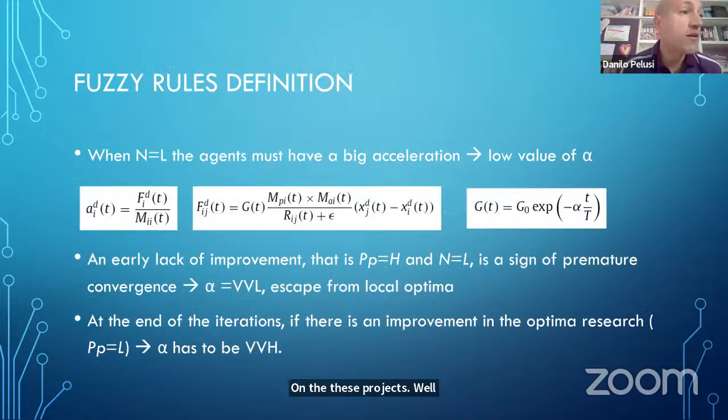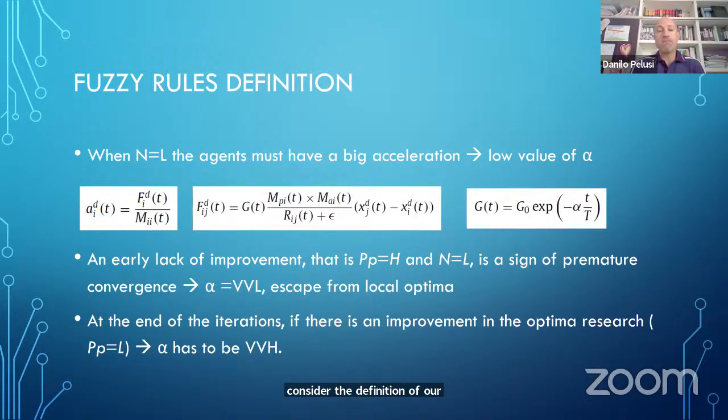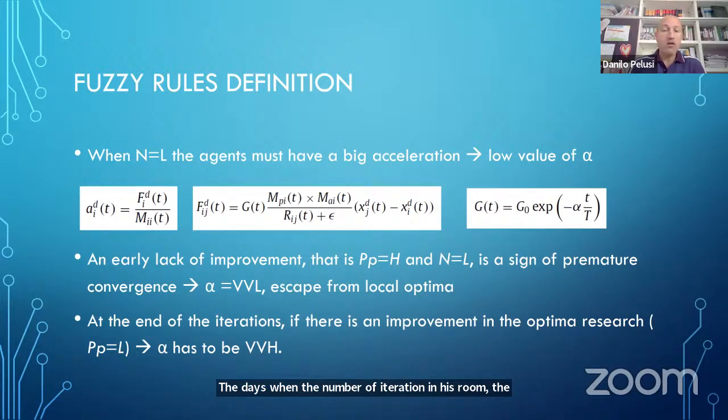Well, according to exploitation and exploration, we consider the definition of our fuzzy rules, and in particular, when we are in the early phase, that is when the number of iterations is low, the agents must have a big acceleration.